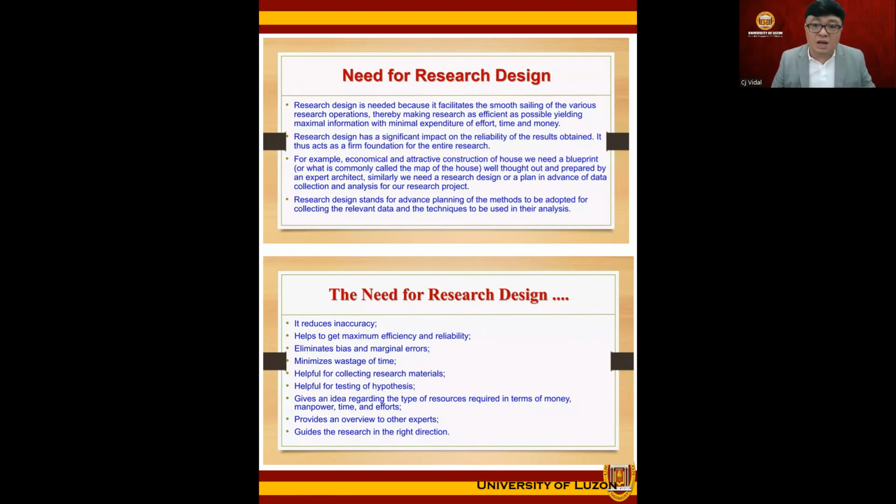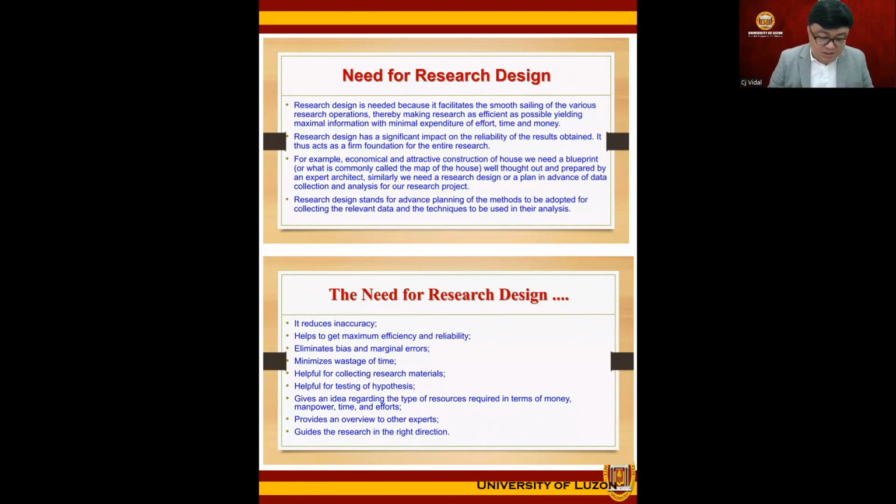So, summing it all up, the purposes of research design are the following. Number one, it provides a scheme to ensure research quality. Also, it maintains control to avoid bias that may affect the outcome.